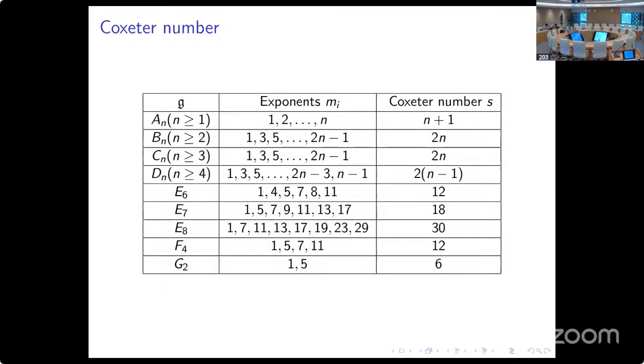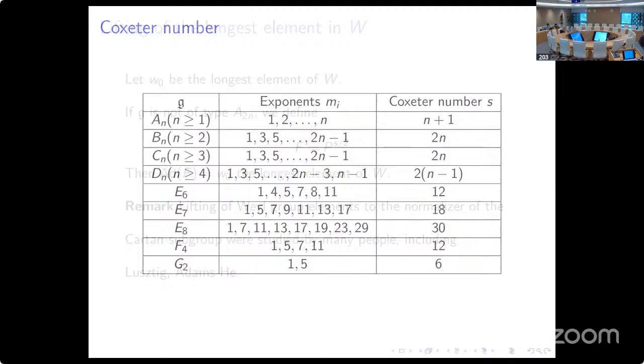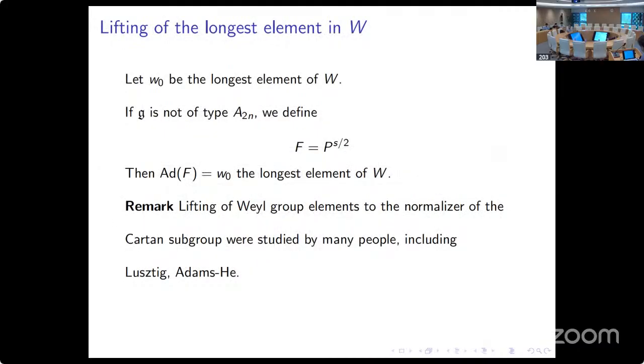This is the idea. Okay, so we write W sub 0 to be the longest element of the Weyl group. Except for that special case, we can take the power of the principal element by the Coxeter number divided by 2. And this is the very element we are interested in. It's the lifting of the longest element.